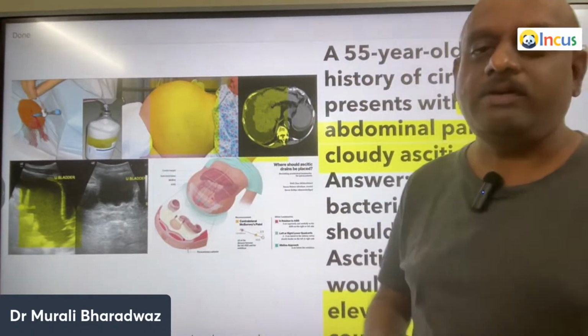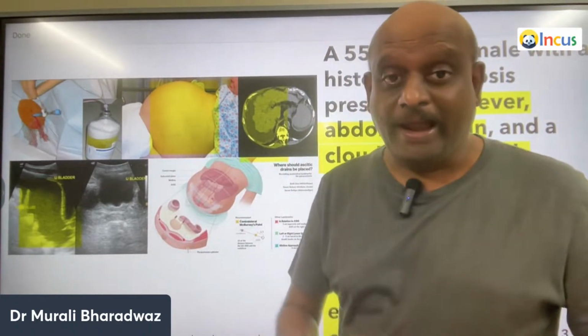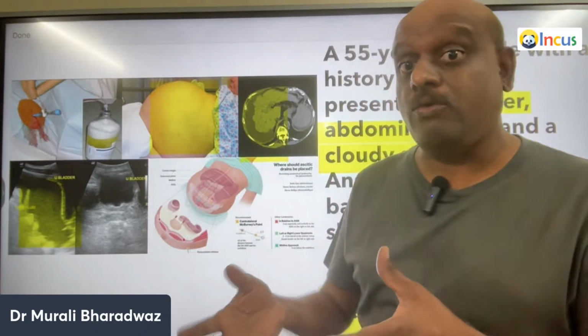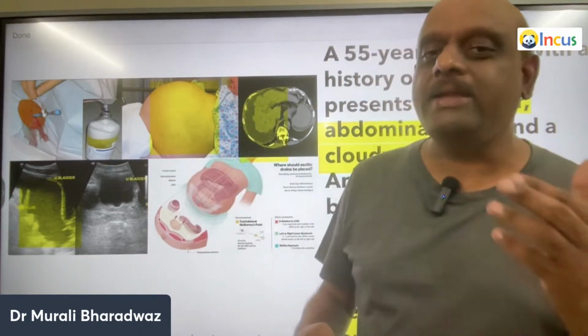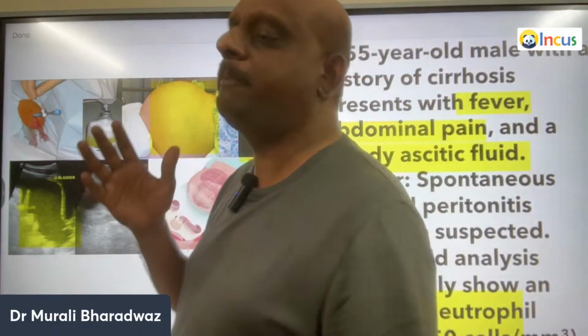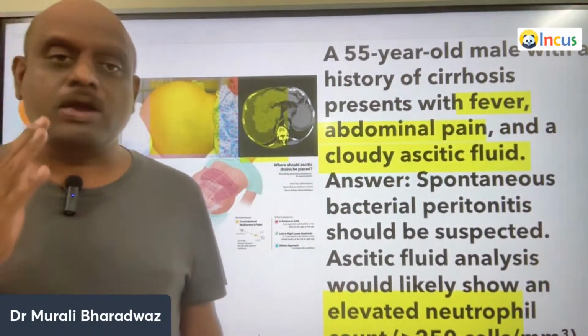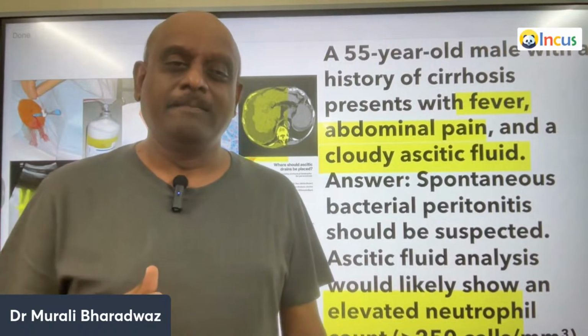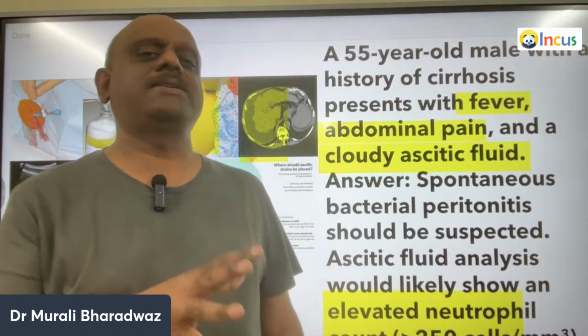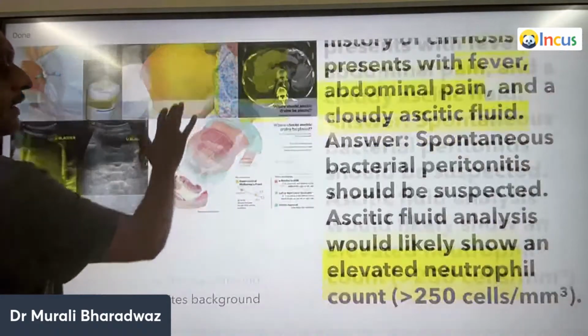Whenever this patient develops fever and you have taken out the ascitic fluid and found a neutrophil count of more than 250, that is a very important indicator of spontaneous bacterial peritonitis, which is very common in patients who have liver dysfunction, cirrhosis of the liver with ascites. That is what you have to remember.